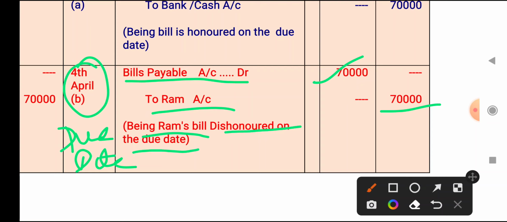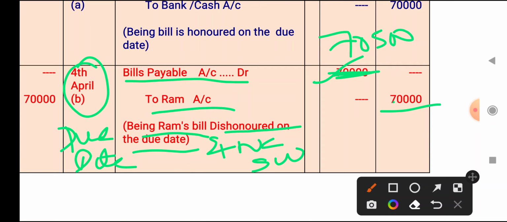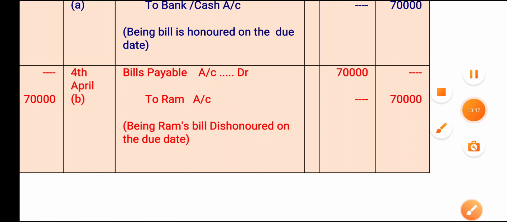Suppose noting charges are there, and noting charges are 500, then your amount will be debit 70,500, credit also 70,500. Okay, this is how we need to take. If noting charges are there, we write the entry including noting charges. In this question it is not there.